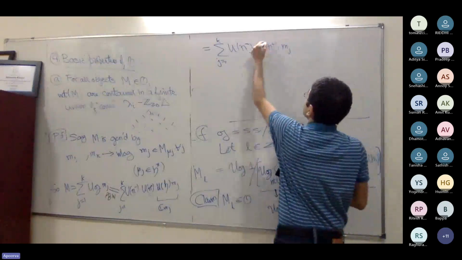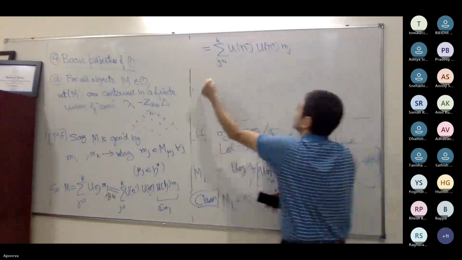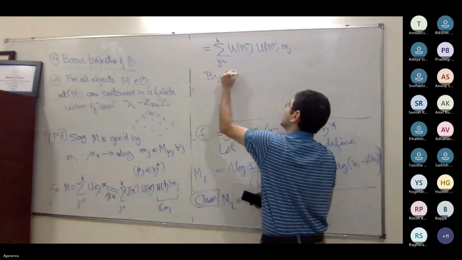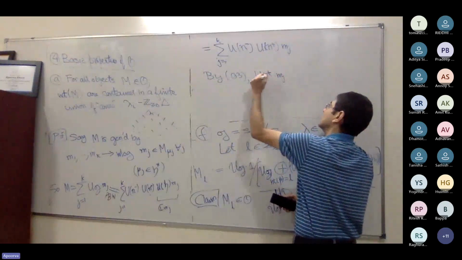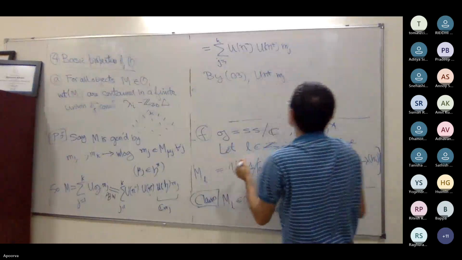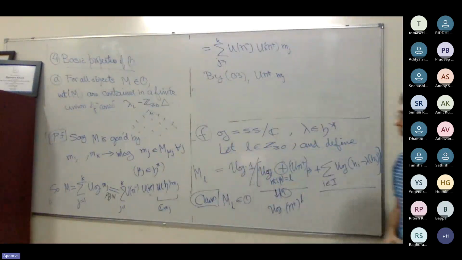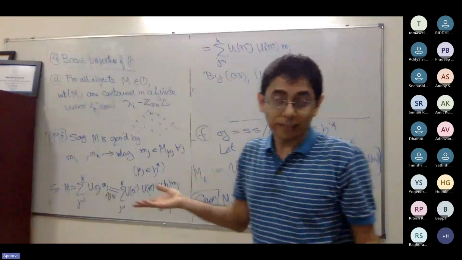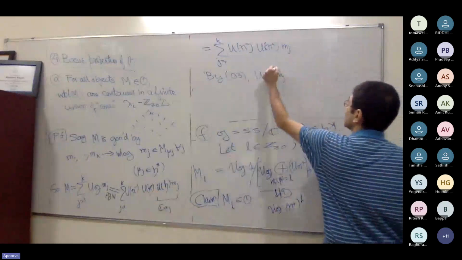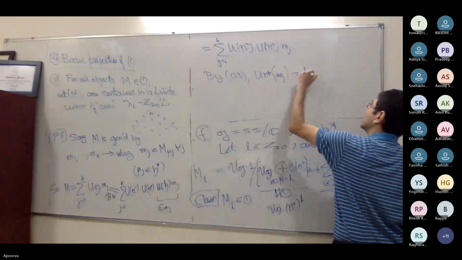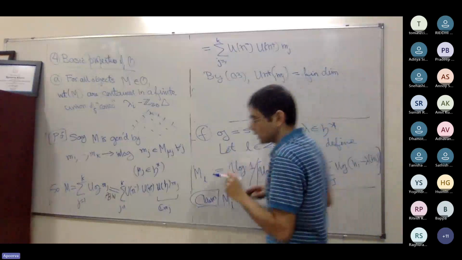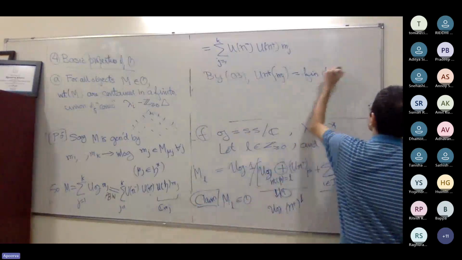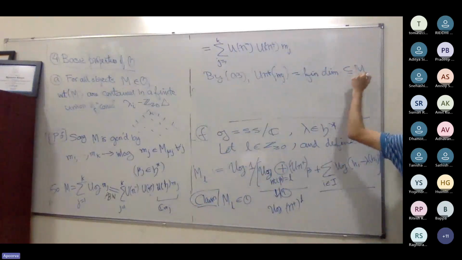And now we use the property O3. Un plus Mj is a finite dimensional vector space. It's a finite dimensional subspace of M, which is H semi-simple.